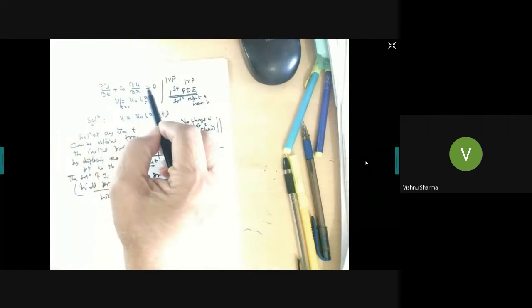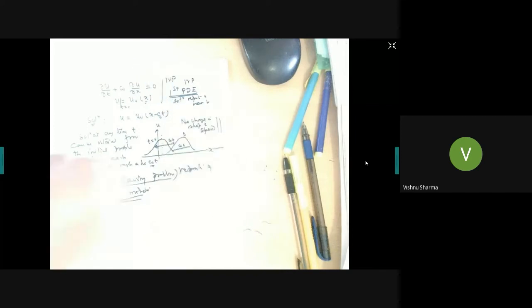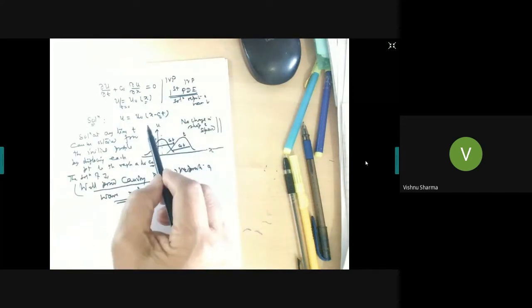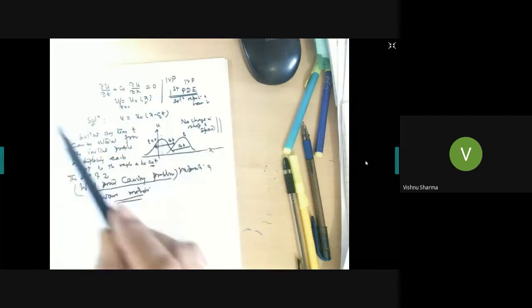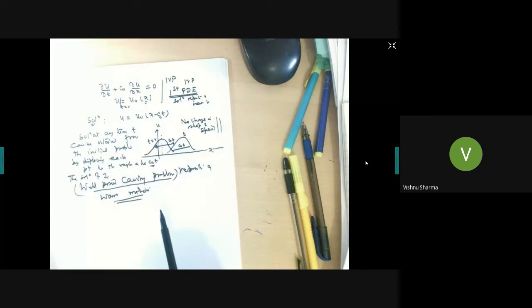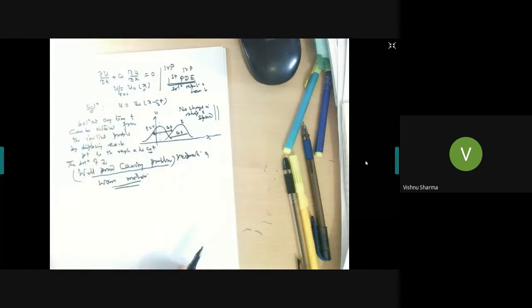It is taught at the undergraduate level. It's very elementary, but very interesting in the sense that it shows a connection between the wave motion and the solution of a Cauchy problem.